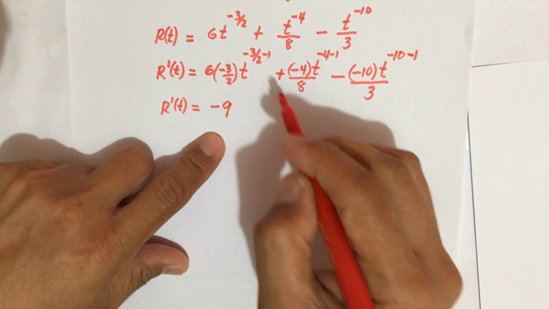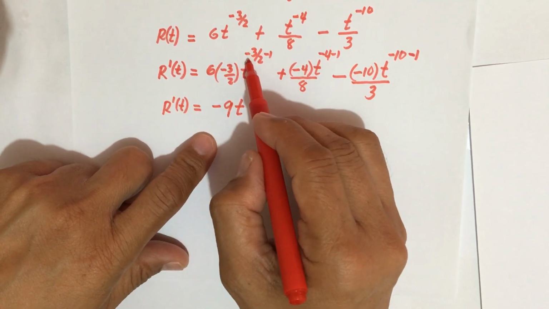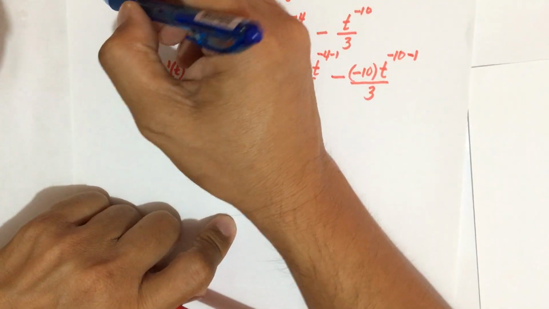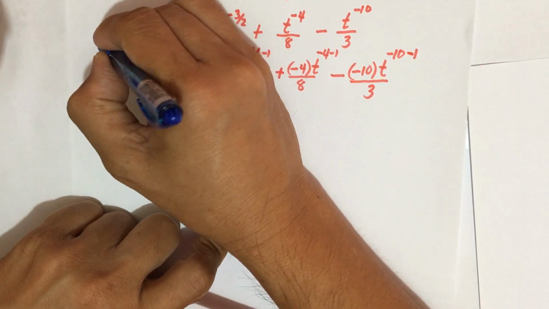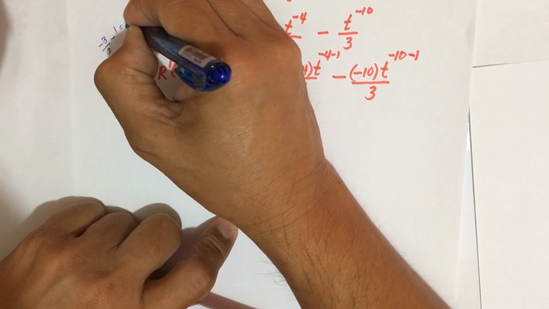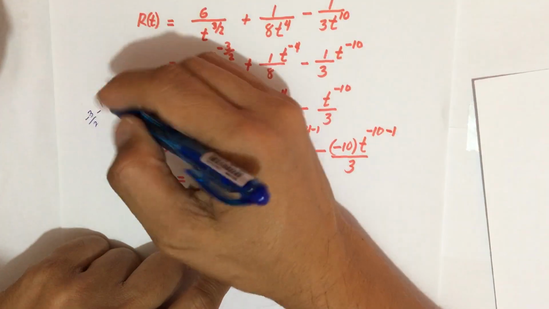Okay? And then t to the, what is now the exponent? Minus 3 halves minus 1. So find the LCD here.